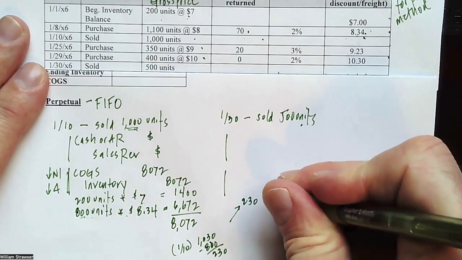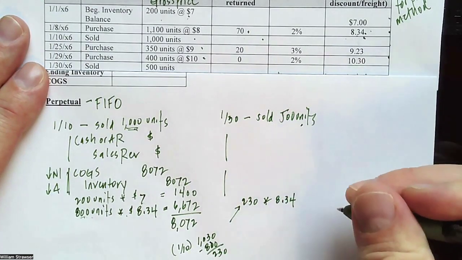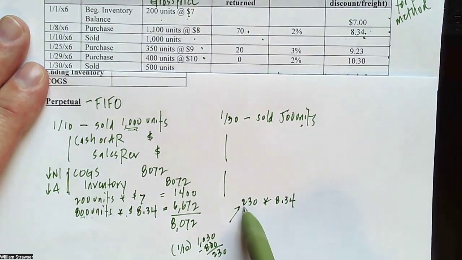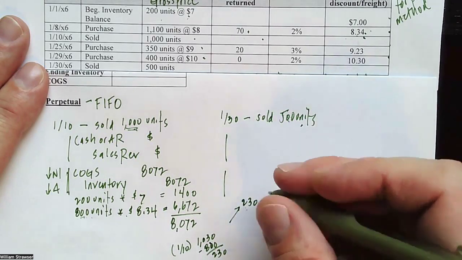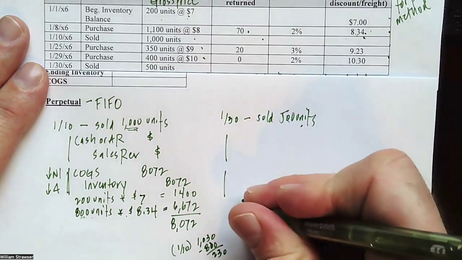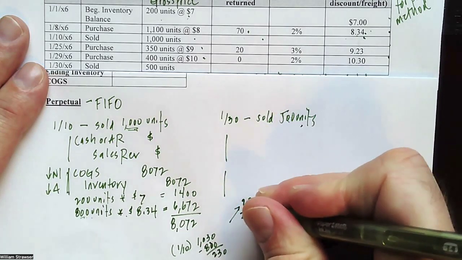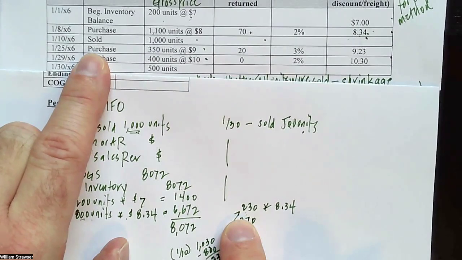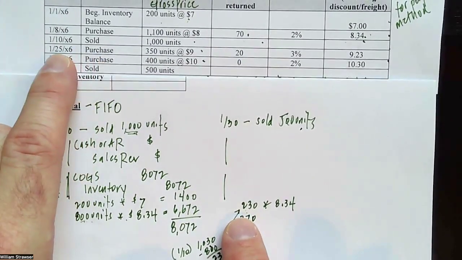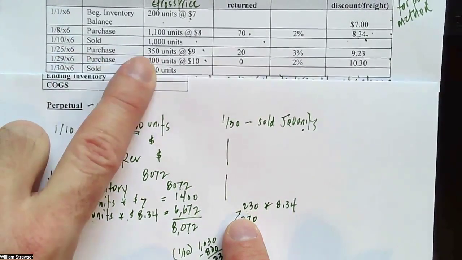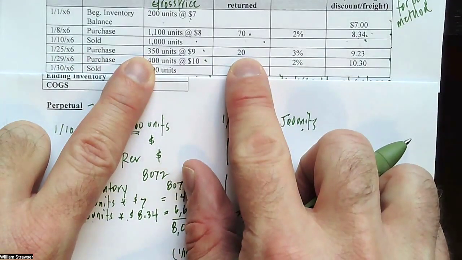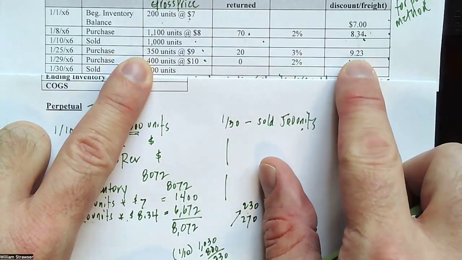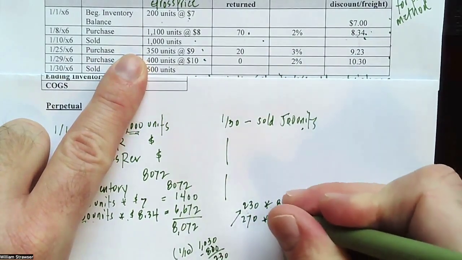Again, I use the same price point, 834 a unit, but I still need to allocate a price to more units. I sold 500. I only have 230 allocated so far as a cost. So I need 270 more. And I can take all of that from my next oldest inventory, which was bought on January 25th. There would have been 330 units kept here and multiply that by the 923.